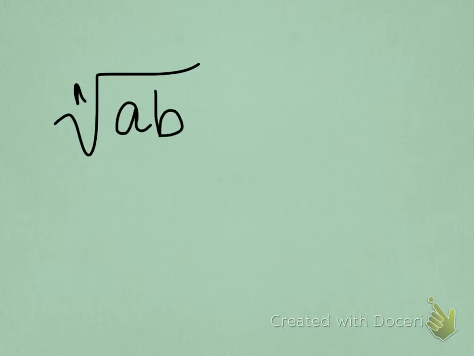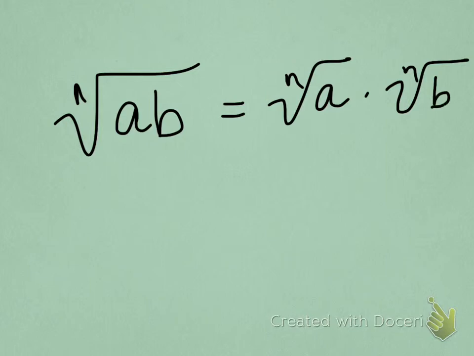Now we're going to go on to look at properties of nth roots. Nth meaning the number. So if we look at the nth root of a times b, which actually means, to break it apart, the nth root of a times the nth root of b.